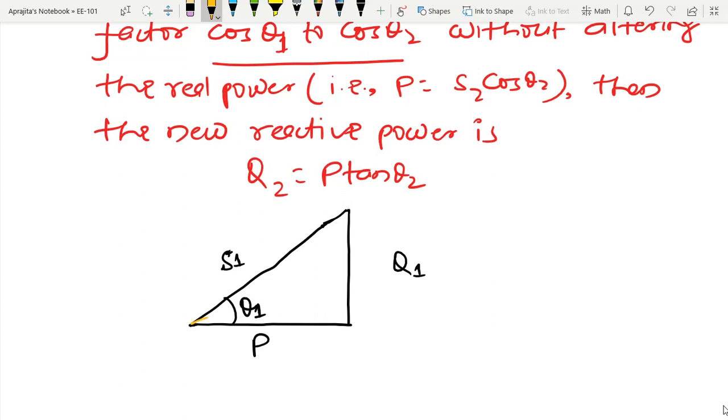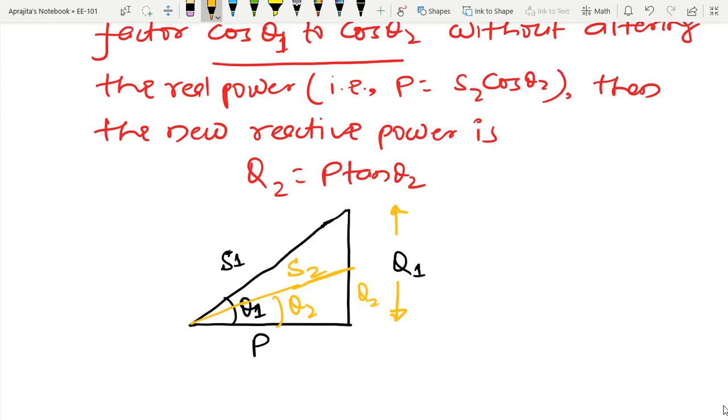So basically now I have something like this, and if you see this side of this triangle, that is S2, and this angle is theta 2, and initially I have Q1 from here to here.